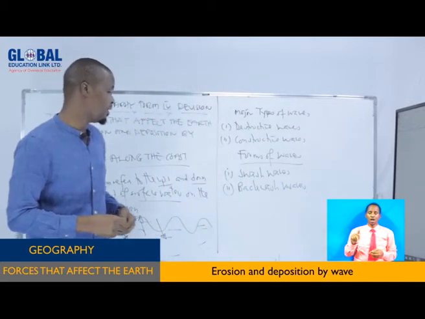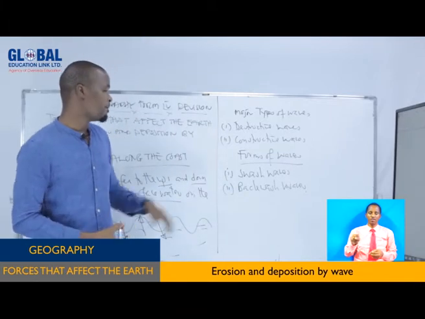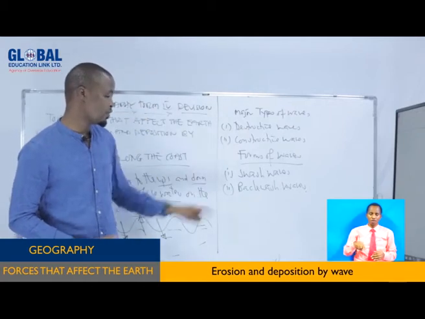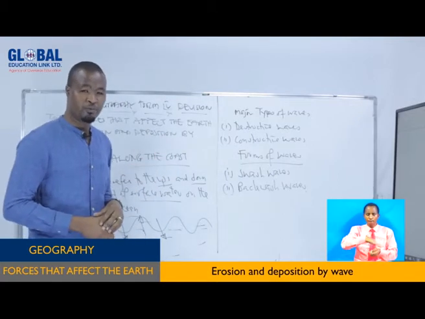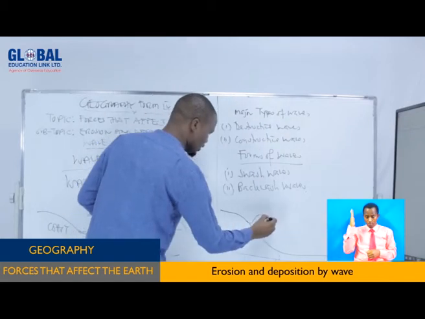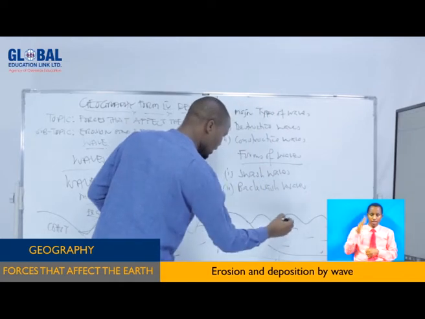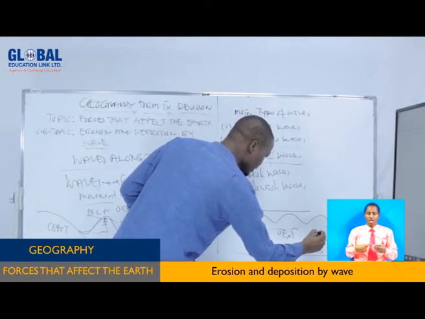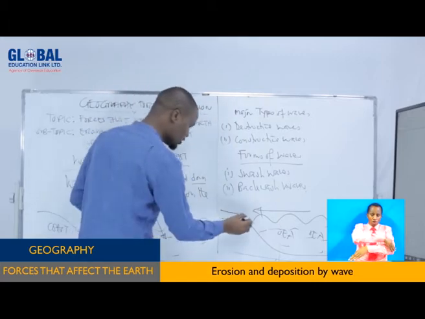Listen to me very carefully. Swash waves as well as backwash waves are the ones which determine whether waves are destructive or constructive. Swash waves refer to the waves which move from the sea to the shore. These are the waves as you can see right here, moving from the sea to the coast at the shore.